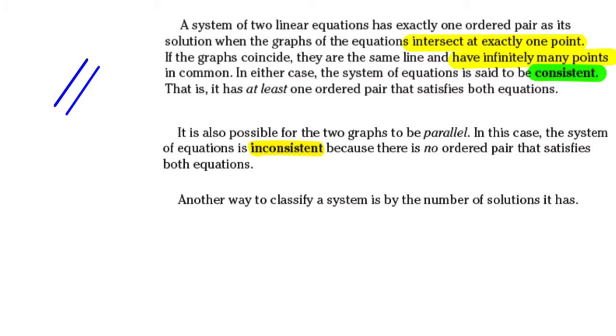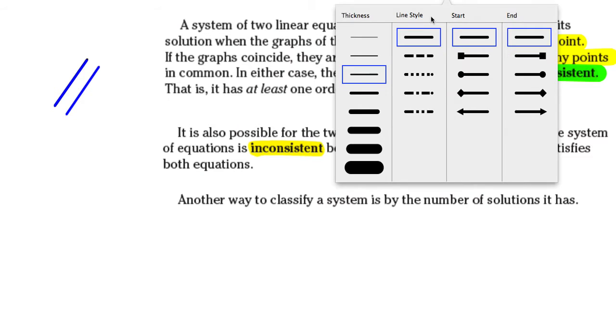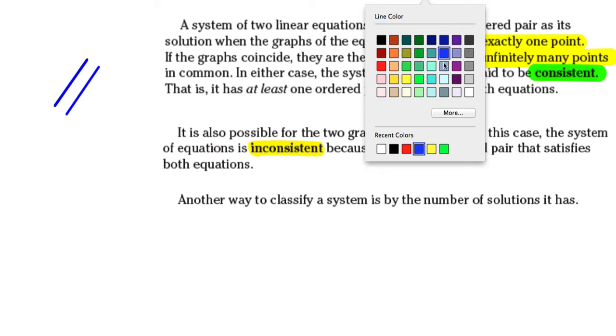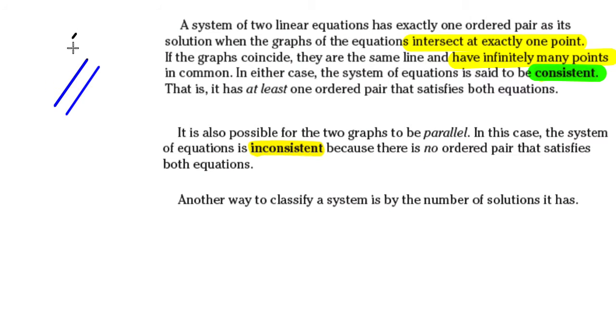Let's say this is my graph right here, and I have two lines that are parallel to each other. These lines will never intersect. That means there is no solution, and this system is considered to be inconsistent because there is no ordered pair that will satisfy both equations.